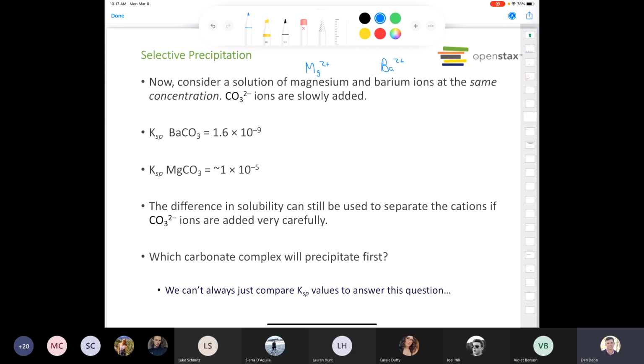So if you add carbonate ions slowly, in this case, again, since their charges are identical, you can just compare the KSPs. And could anybody tell me which one would precipitate first? If you just take magnesium ions and barium ions, and you just start throwing carbonate at it, right? You just hit it with lots of carbonate ions.